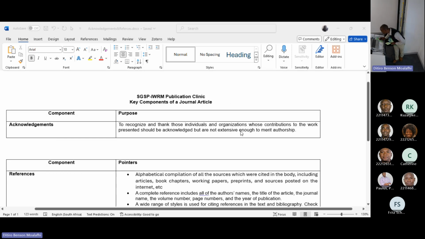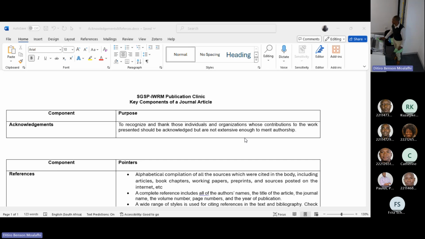So now in the acknowledgements, I think Dr. Fritz also has covered people who might have contributed to your work, but don't deserve co-authorship. This is where the acknowledgements are. I've also seen that you have had some standardized template through the program on acknowledgements, which is good.